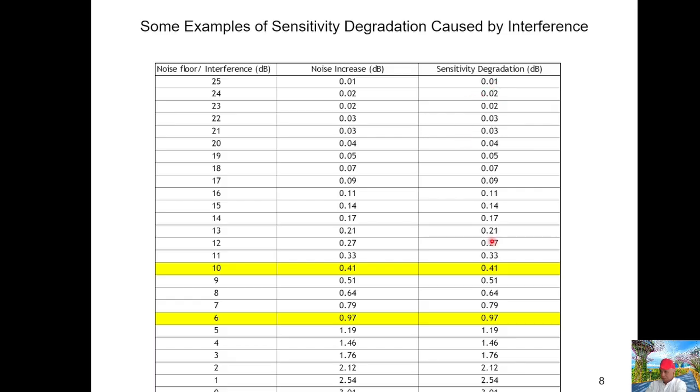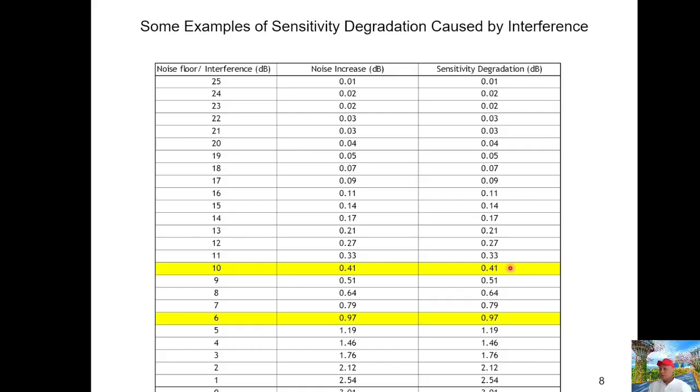For some of the telco, vendor or operator, their requirement is that the interference must be 10 dB lower than the receiver's noise floor. Why do they have this requirement? Because based on it, you see the noise rise is 0.41 dB. That means the sensitivity is degraded by 0.4 dB.